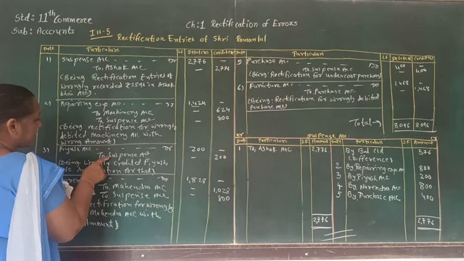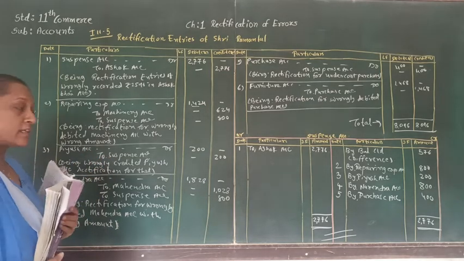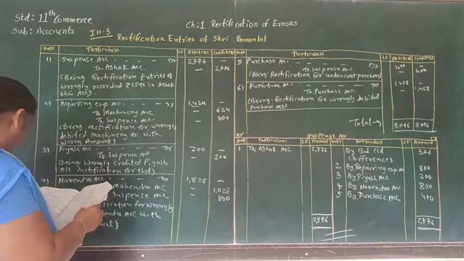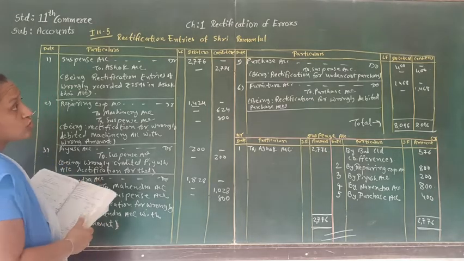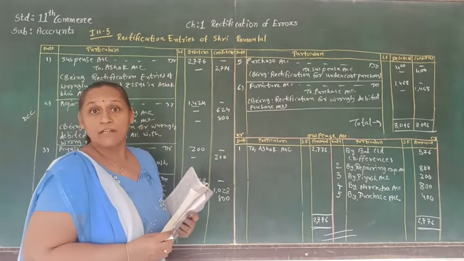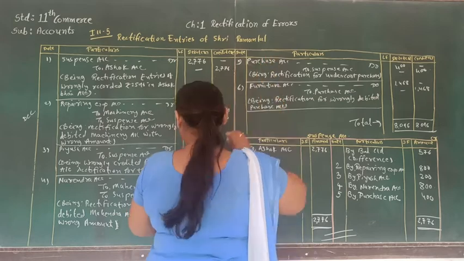For the third transaction we can see that there is no effect on profit and loss. In the fourth also there is no effect on profit and loss. But in the fifth we can see that there is an effect.